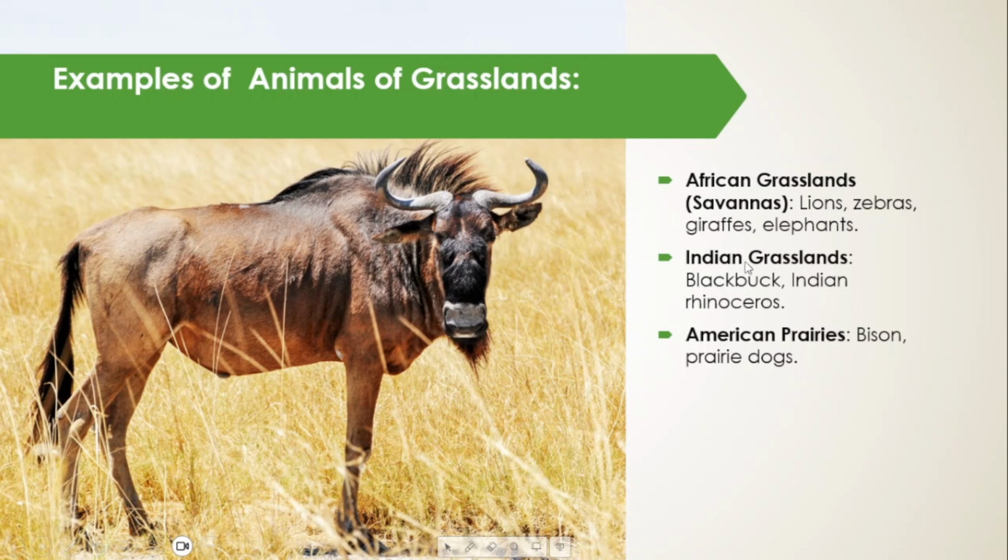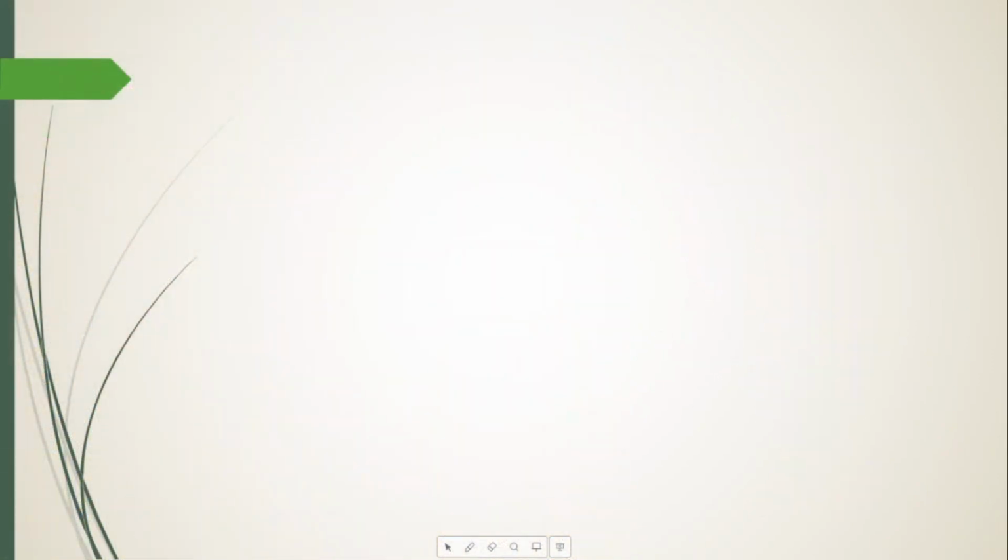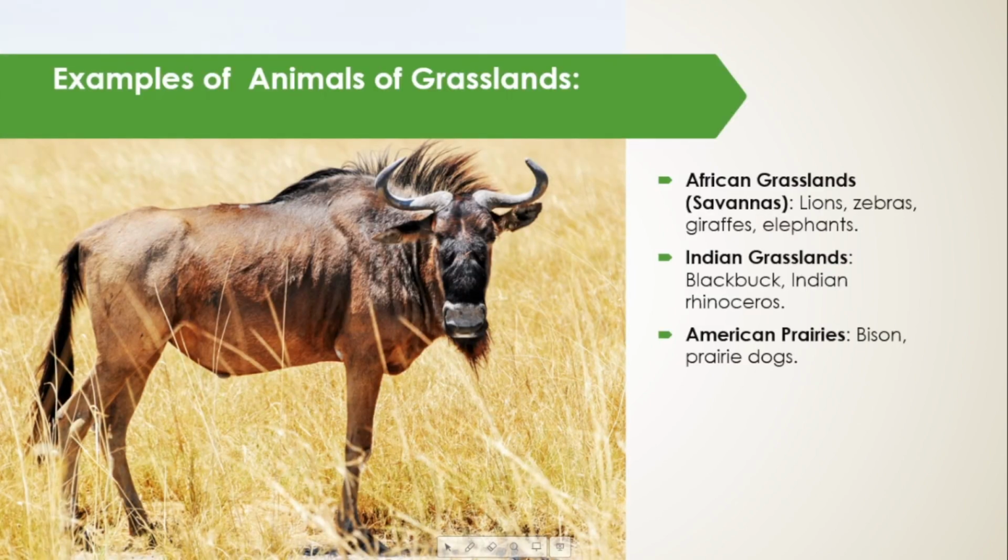And we have Indian grasslands, the grasslands that are present in India, with different animals like blackbuck and Indian rhinoceros living in them. Next we have American grasslands which are the prairies, and in prairies different animals like bison and prairie dogs are living there.